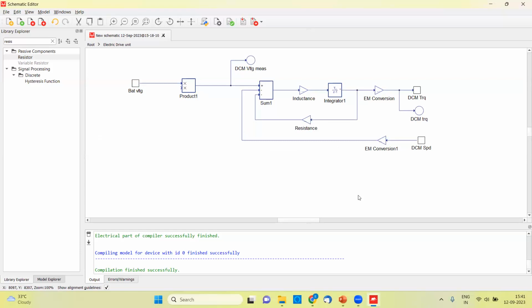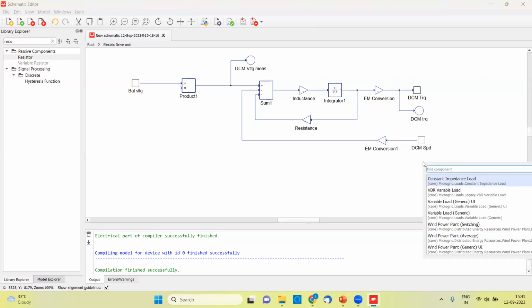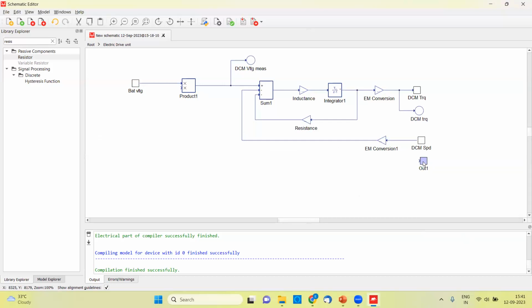And I'm having one output block, signal output. This signal output I'm going to connect over here. So what is this signal output which is being generated that we want to take out of this subsystem? Basically, this is the DC motor back EMF.